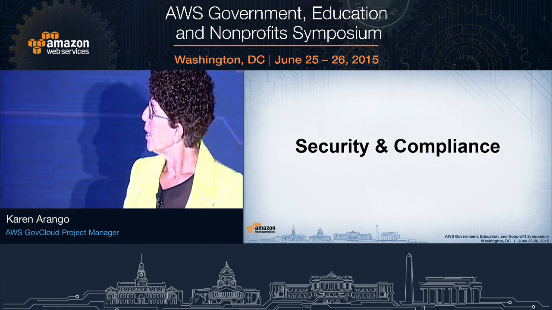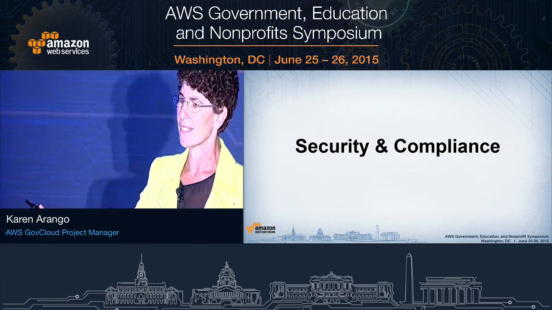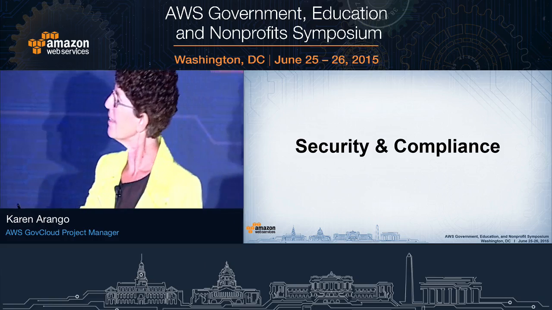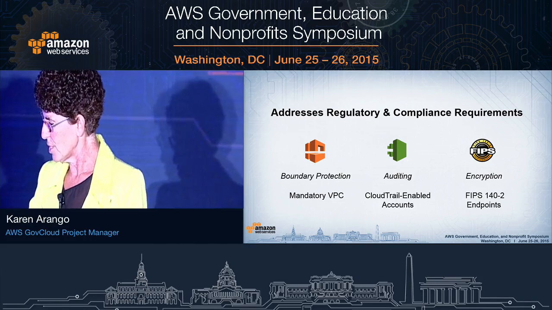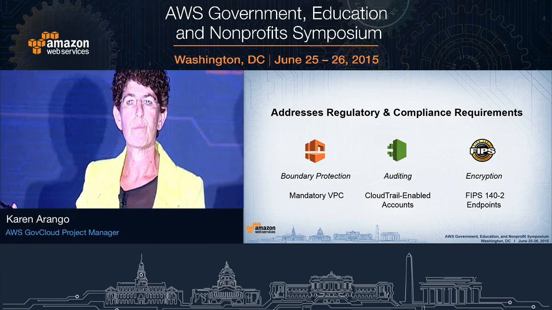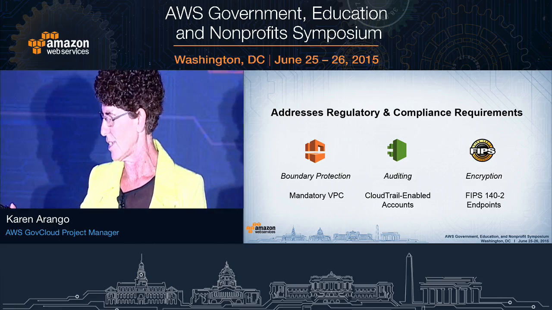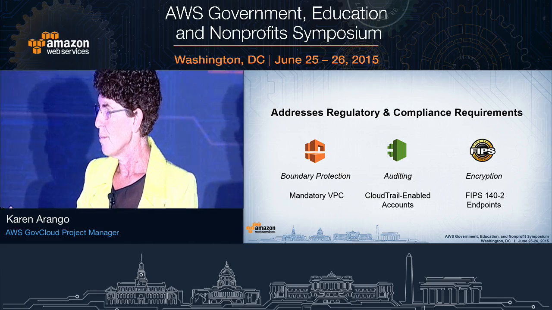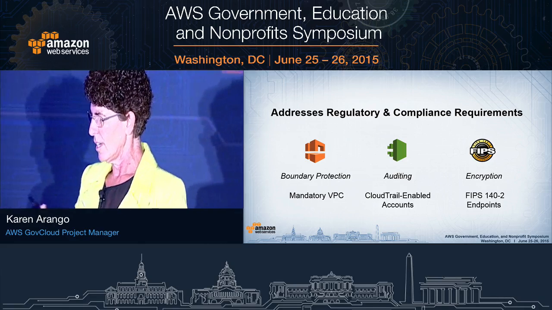One of the biggest concerns for our customers is security and compliance. And so it's important to talk about that today. The GovCloud region addresses regulated workloads, and it's built for regulated industries. So it's a mandatory VPC region, so it gives you boundary protection.